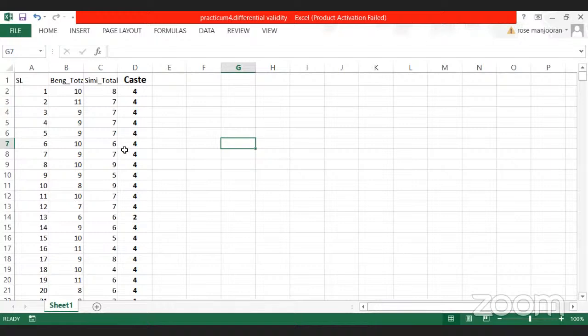So 3 will be OBC, SC will be 2, ST will be 1. For your understanding, I will write here: ST will be 1, SC will be 2, OBC will be 3, and UR, the unreserved, will be 4. These are the numbers which we have given here. Is this clear?